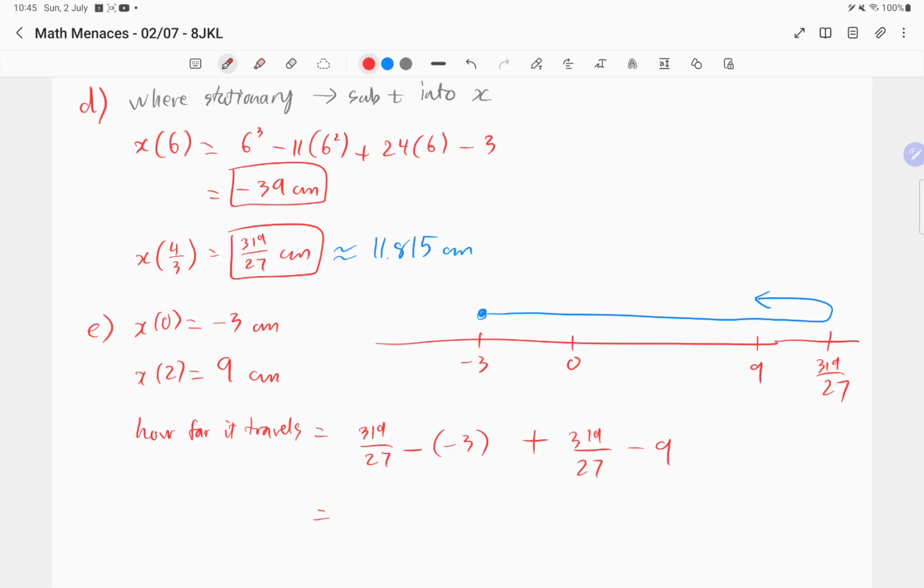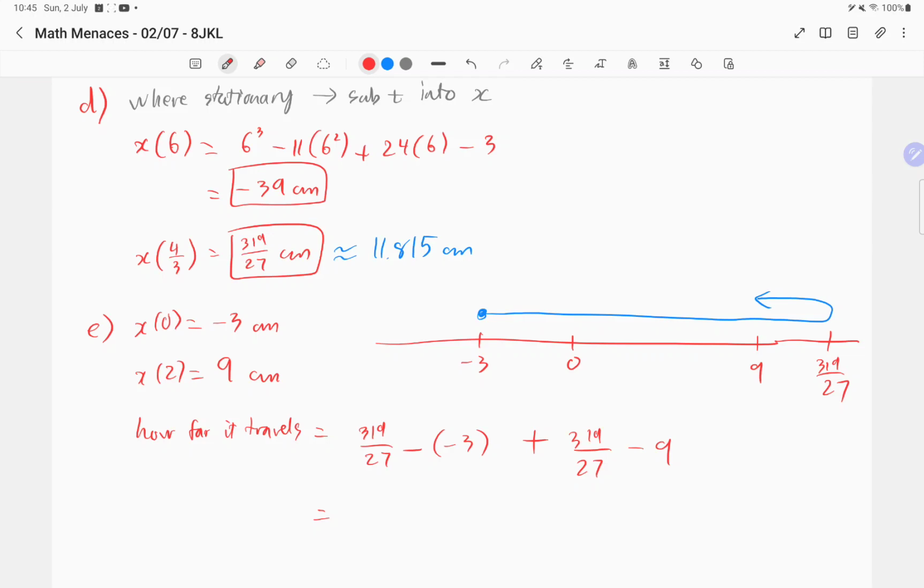So you take the 11.8 minus -3, which is plus 3. I just did 319/27 times 2 plus 12. Why? Because it won't be plus 12. If you times that by 2, you're taking way more than the travel path already.